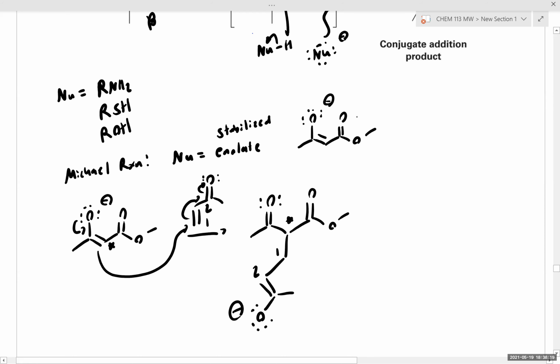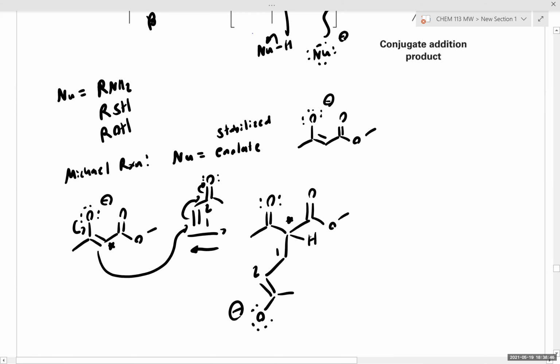But the reason why stabilized enolates are so wonderful for this reaction is, although this initial conjugate addition is reversible, when you have a stabilized enolate, or when you have a beta ketoester that has an available alpha proton after addition, is there something that we can do here? So we have this basic enolate, we have this acidic proton.